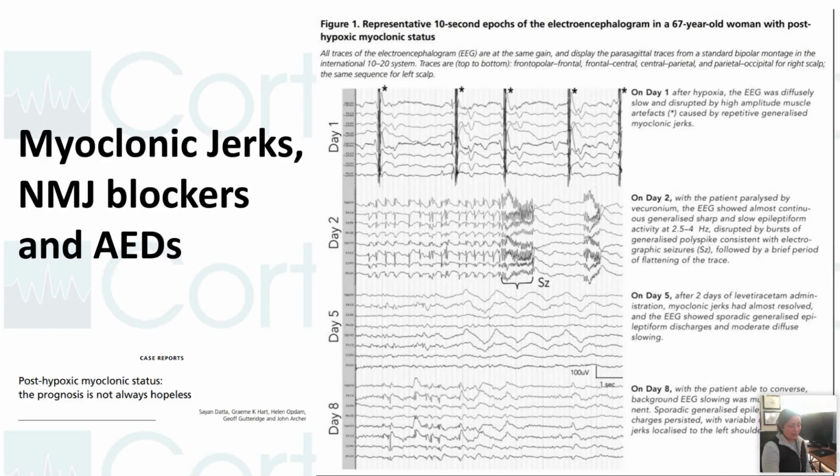Day 8, the background is resuming its mixed frequencies. Slowing has decreased, but we are still seeing some discharges here. So this patient did improve after cardiac arrest, having myoclonic jerks and associated spike wave discharges, and by day 8, the patient definitely recovered.